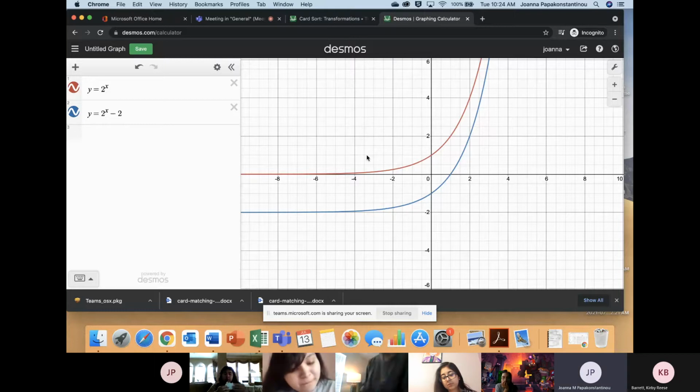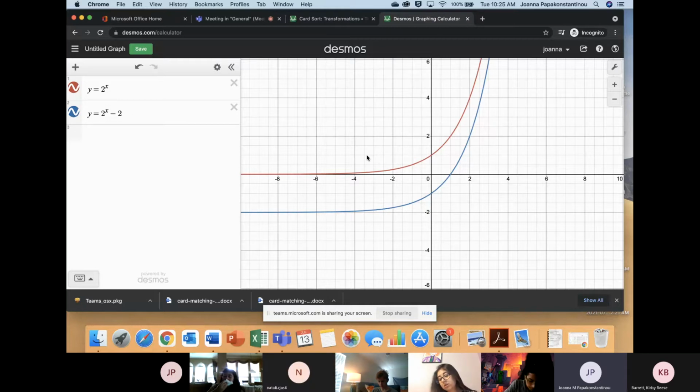But tell me, what is the range? If the original range was 0 to infinity, but I have shifted it down 2, what is the new range? -2 to infinity. And where would the horizontal asymptote be for the image function?